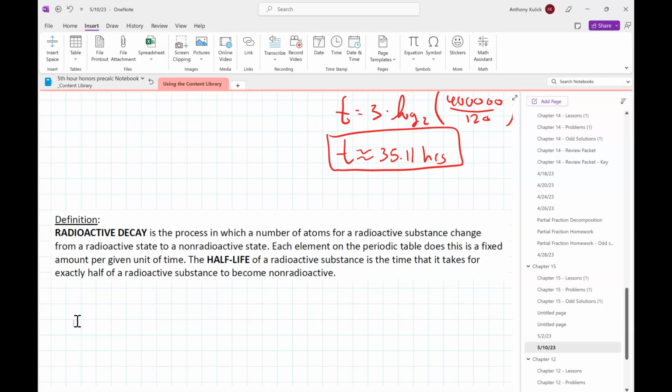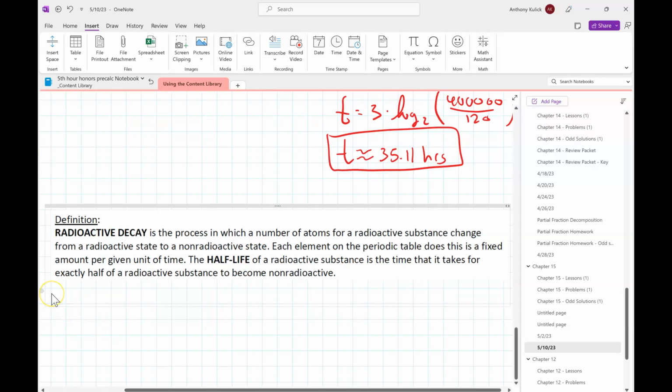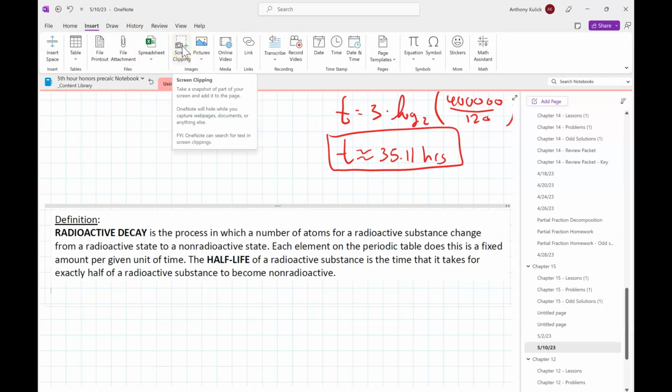Your half-life might be measured in hours or even seconds for some really special man-made elements. But oftentimes it could be thousands of years in other cases. So it just depends on the element what that half-life is going to be measured in. But some of them are really long.